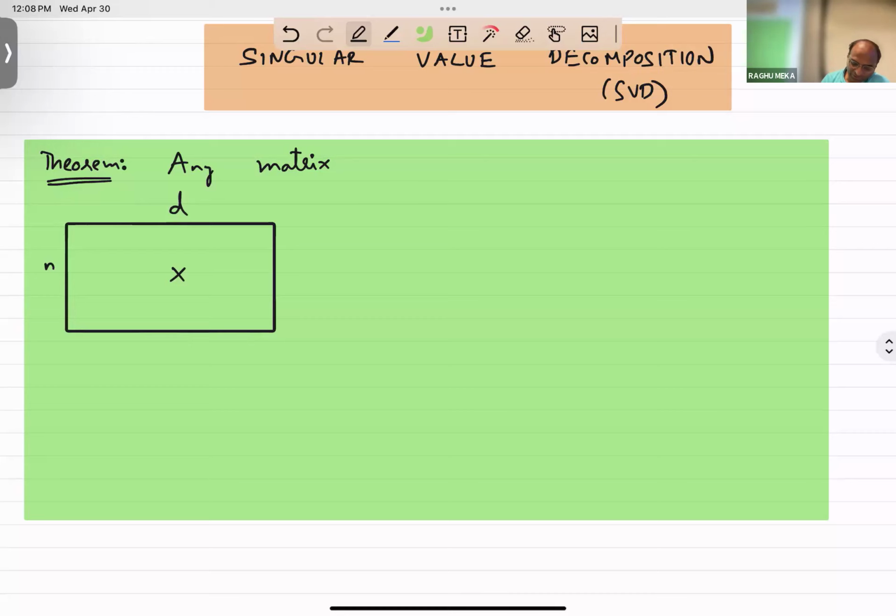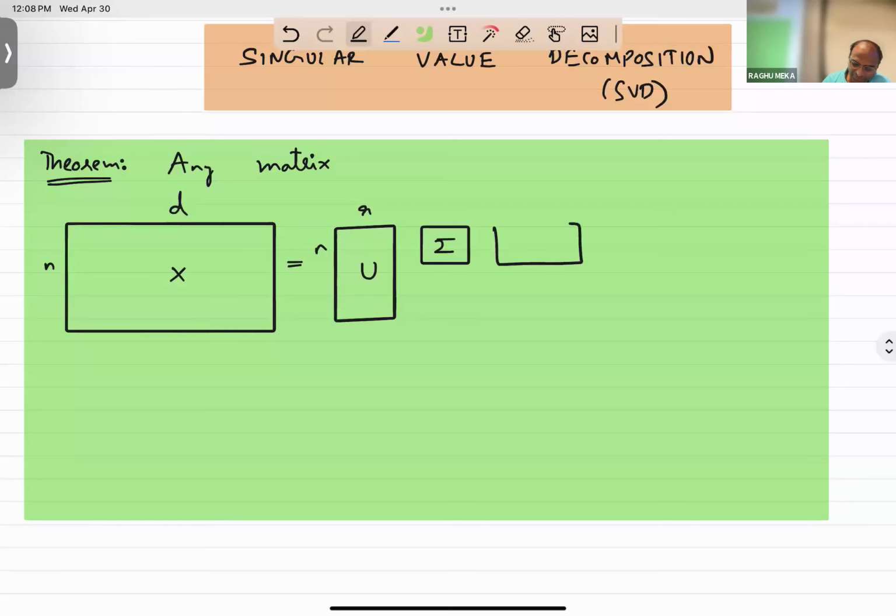I can always factor it as a matrix U, which is n by R, a small matrix in between, usually denoted sigma, which is R by R, and then another matrix V, which we write as V transpose.